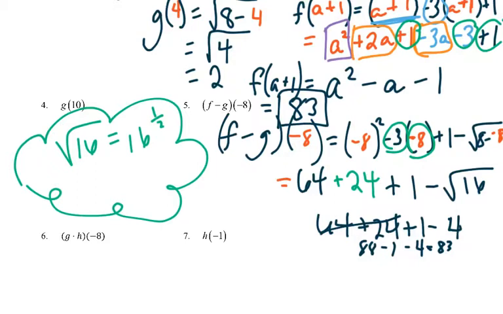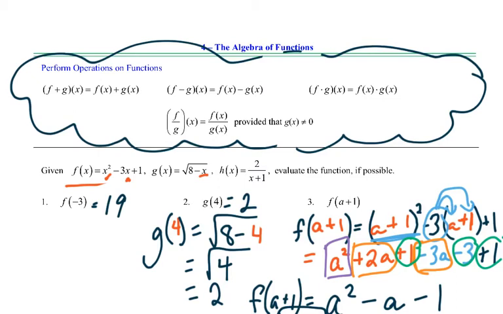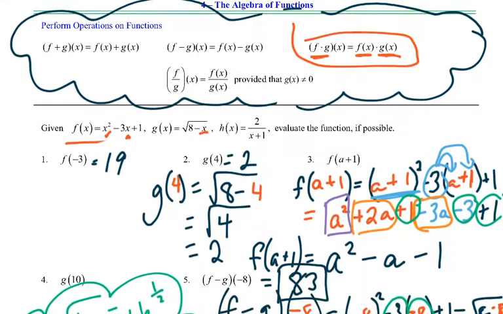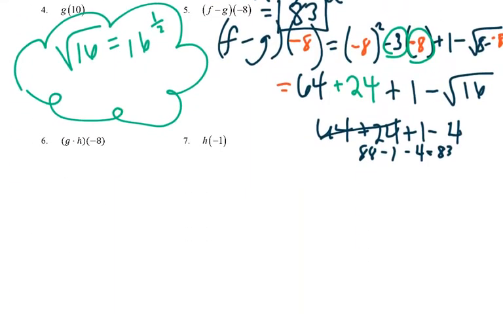In the next one, we're doing g times h of negative 8. So again, based on the chart up above, when we're multiplying our functions, we're just multiplying each function times each other. And then if we evaluate it at negative 8, we replace each x in that with a negative 8.